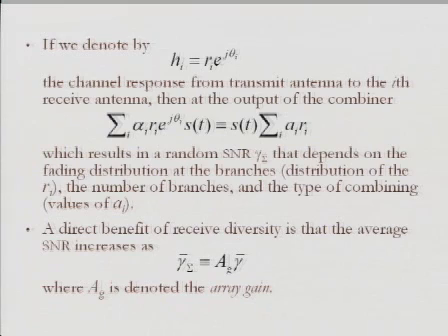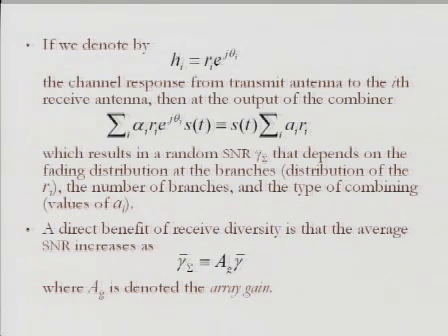And we're left with the summation of the a sub I times r sub I. Okay, so r is the amplitude of the fading on the ith antenna, and a is the amplitude of the coefficient that we imposed on that antenna. Okay? And an issue here is, which we're going to see now in a little bit.